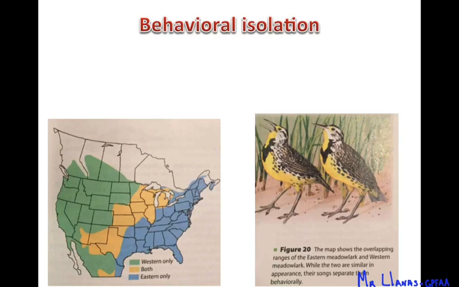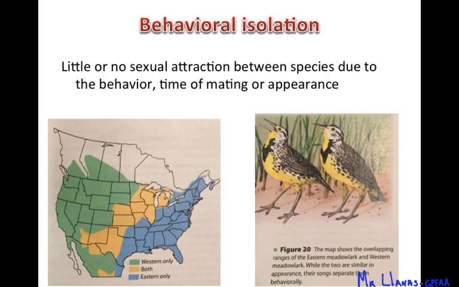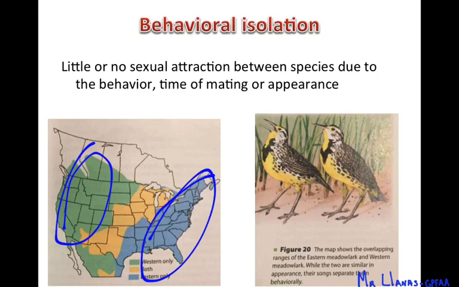The last one that we'll talk about today is behavioral isolation, and this has to do with the way species behave, or the time of mating between the species, or how they look, right? This picture is of a meadowlark, right? One of them lives on the west coast of the U.S., the other one on the east coast.